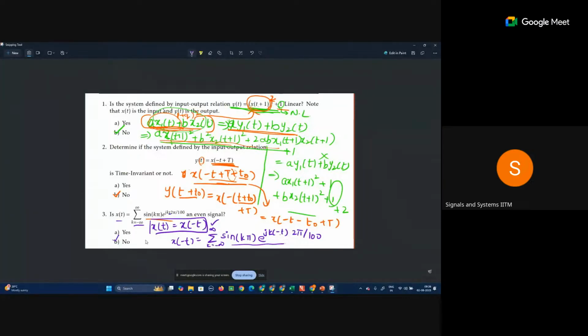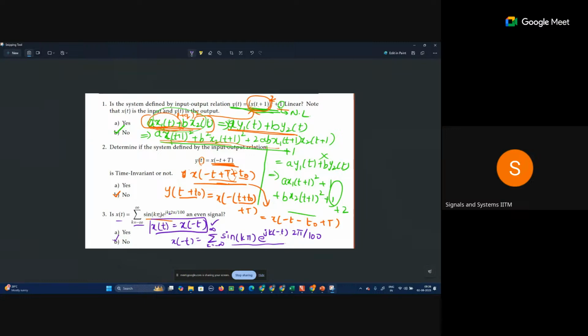That is one way of approaching. Another way is, because we have k from minus infinity to infinity, that will also change, right? Minus k will vary the other way, so that will also produce the same result, right?